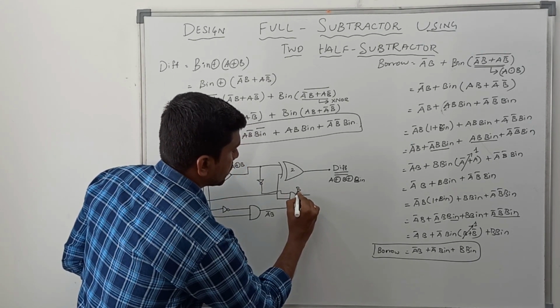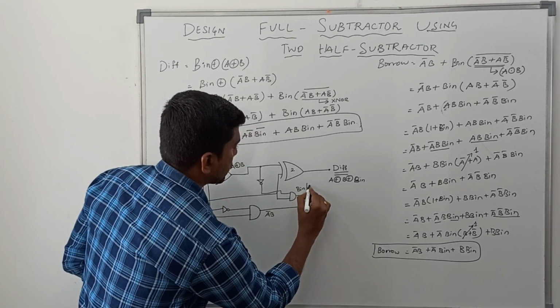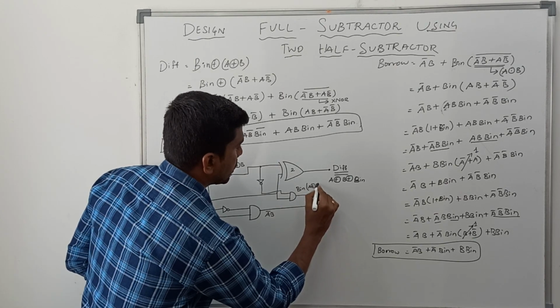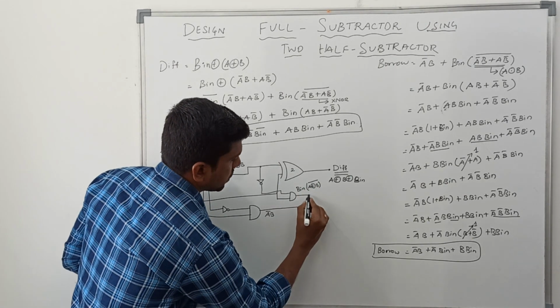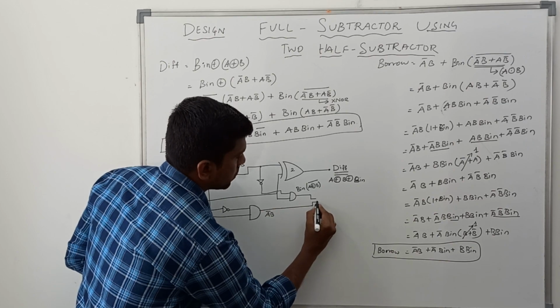So here B in dot (A XOR B whole bar). These two outputs connect to an OR gate.